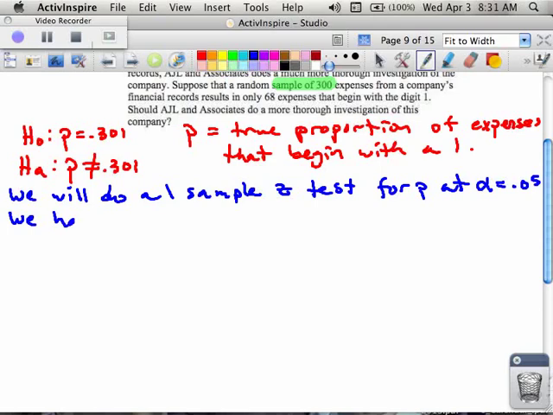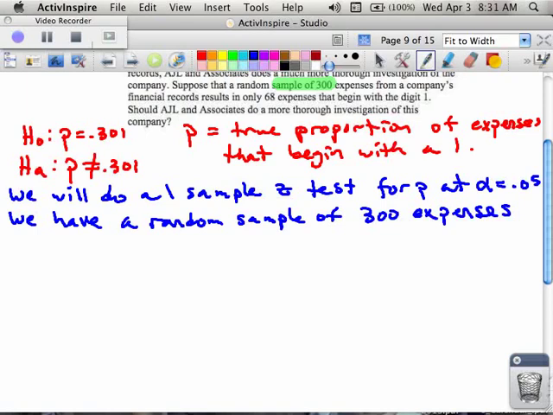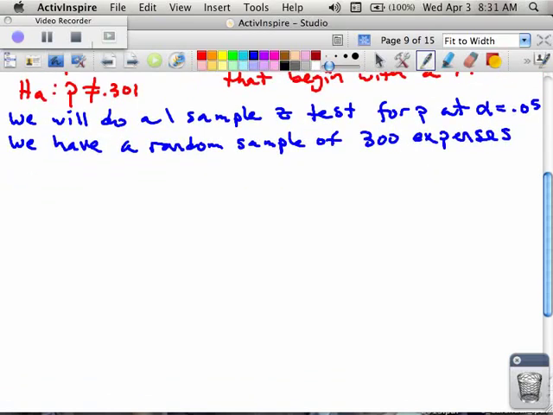We have a random sample of 300 expenses. And we check to see for normality, so we take the NP stuff and see if that's greater than or equal to 10.